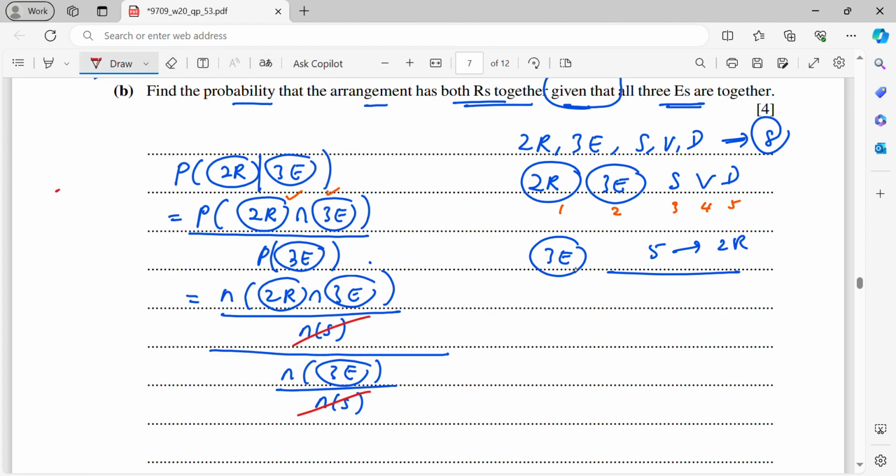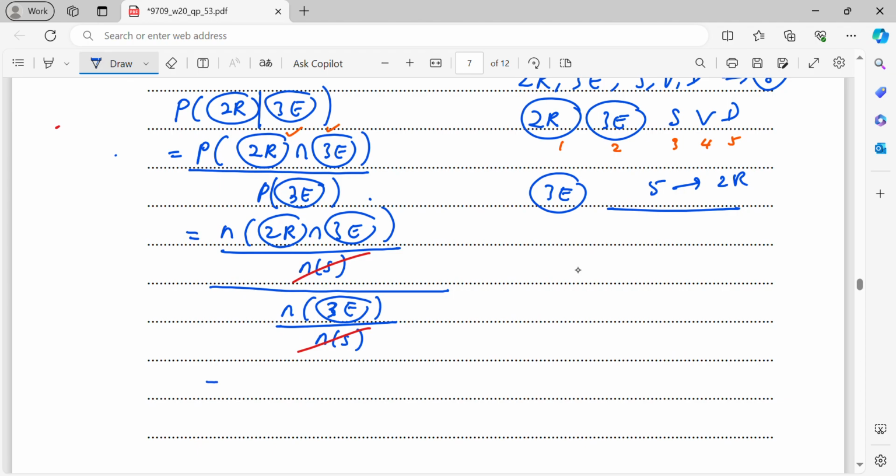That's why I cancel off the n(S). Then here you just need to consider how many arrangements to get 2 R's together and 3 E's together, over n of 3 E's together.